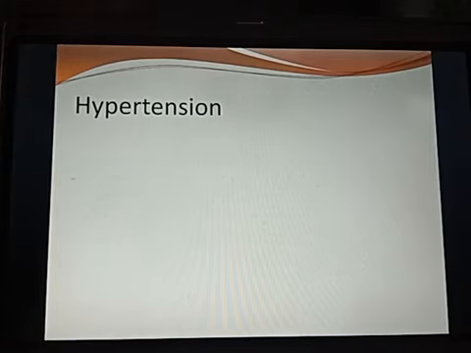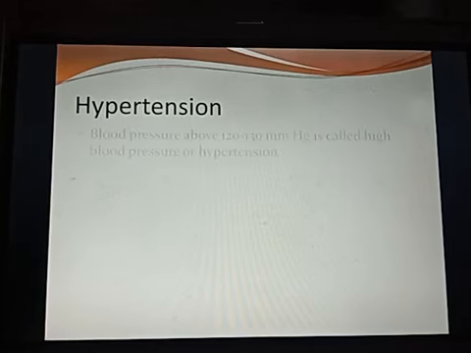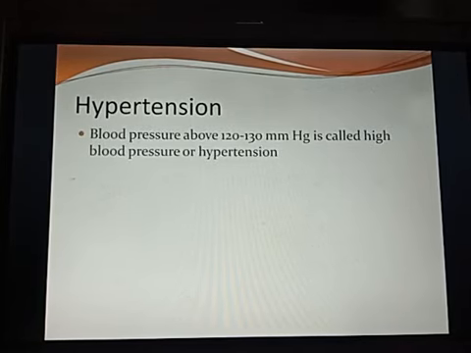The blood vessel walls can rupture, which can lead to internal bleeding, and that may sometimes lead to death also. Blood pressure above 120 or 130 mm Hg is called high blood pressure or hypertension.